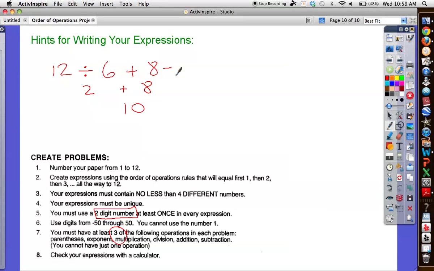Notice I'm just giving you some thought process here for you to go through. And let's say we wanted this to equal 1. Well, then all I have to do is minus 9. And I have my expression that equals 1. Notice how quickly that is. And the key here, though, is make sure that your last number is different from your previous 3, and you can speed through this very, very quickly.